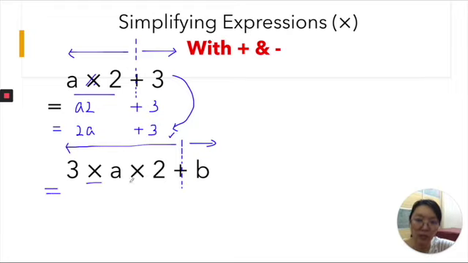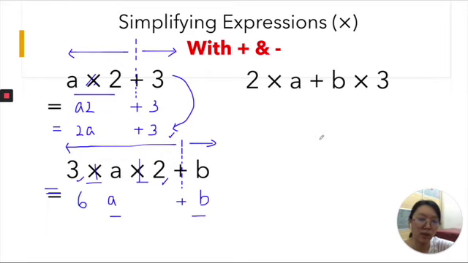I have only times here. I can throw them away. And then next, I put my number together. 3 times 2, I have 6. A I put down. Again, plus, b. Only a b here. So the answer is 6a plus b.